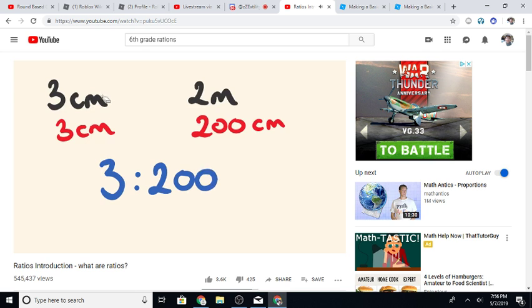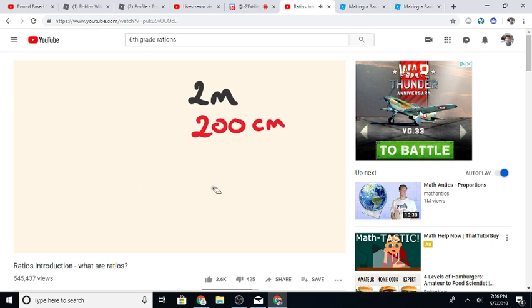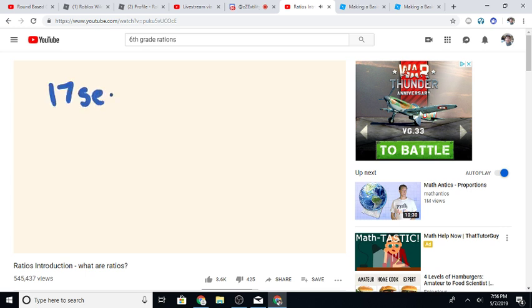Now, we're going along fairly well with this, so hopefully you're not finding it too hard, because it is fairly simple, but a few people do panic when they get these. So the other thing with ratios is that ratios can also be written as fractions. Say I was looking at 17 seconds, and I wanted to compare this to 1 minute.